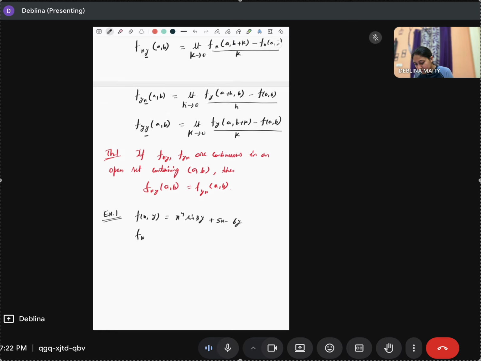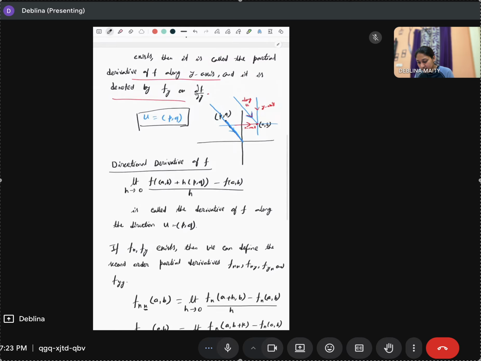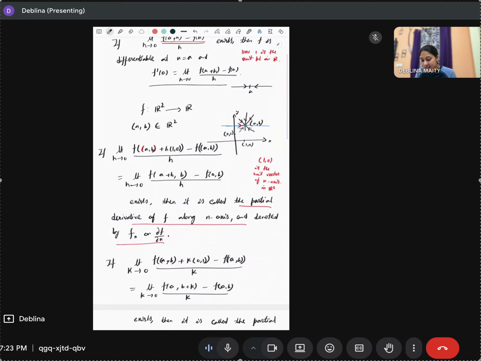Now what is fx for any xy? This partial derivative, what we have written: f of a plus h, b minus f of AB by h. So this means we are just differentiating f along x by fixing this y, right?